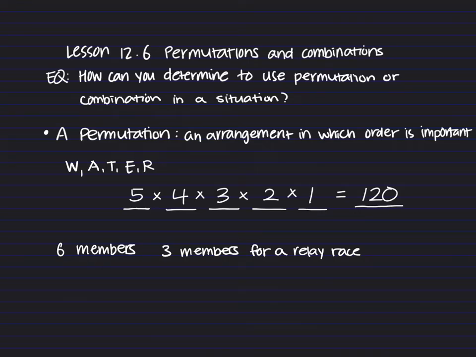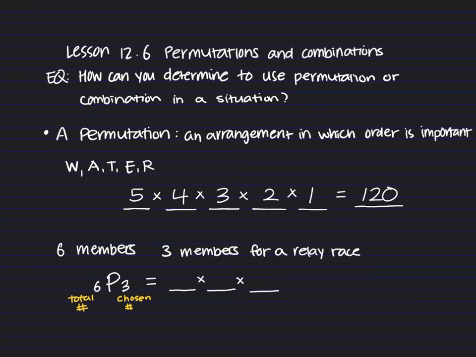So how I'm going to write this in permutation is going to be this. I'm going to have a permutation. I'm going to have the total number of members on the left side, and then the number of people that you're going to choose on the right side. And then what I'm going to do after is to have the number of people that you're going to choose, which is going to be 3 members for the relay race, and then you're going to multiply these 3 numbers.